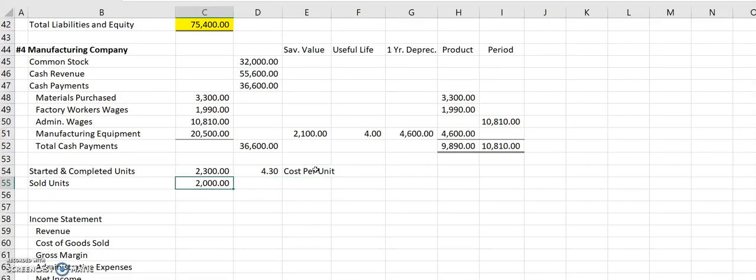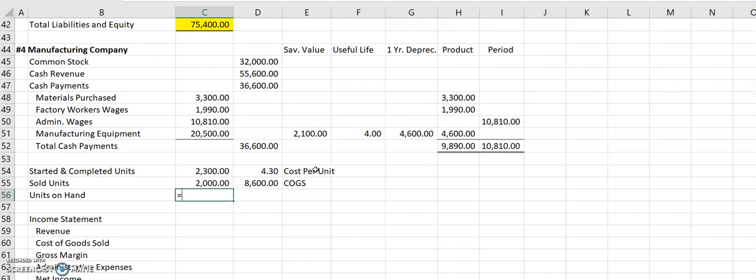We know that we sold 2,000 units, so if we multiply 2,000 by $4.30, that's going to give us our cost of goods sold. We're also going to need to figure out how much our ending inventory is worth. So there we're also going to need to determine how many units we have on hand.